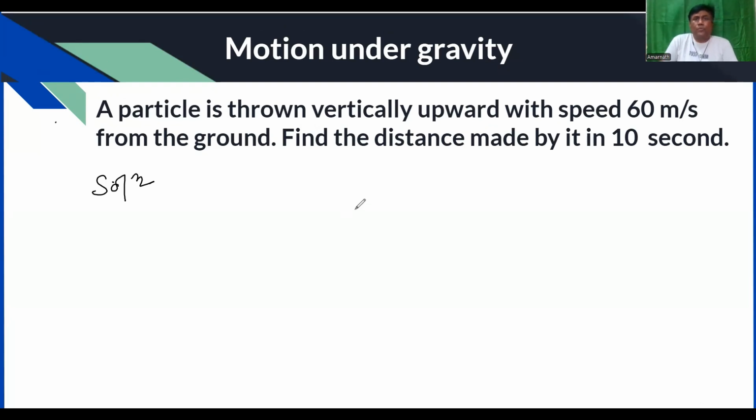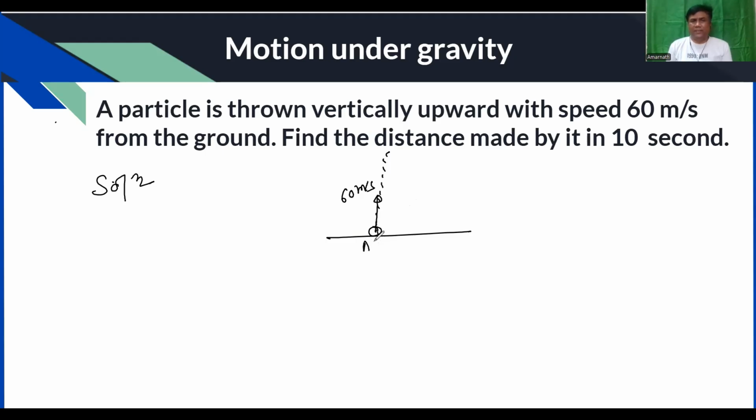A particle is thrown vertically upward with a speed 60 from the ground. Okay. Same thing with speed 60. So fine. So can you say at what time it will reach the highest point? 6 seconds. It will reach the highest point in 6 seconds.